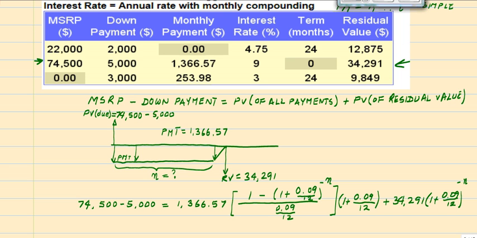If we substitute all those values, the only unknown in here is n, because I is equal to j over m, so it's 0.09 divided by 12. So this value, once we evaluate it with this unknown n, plus this value, has to be equal to the amount of financing. At this stage we can use the calculator.